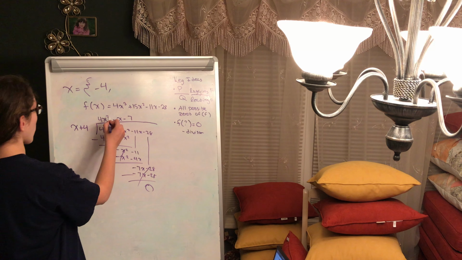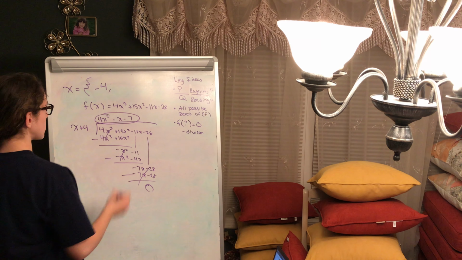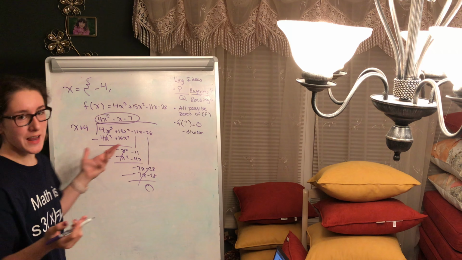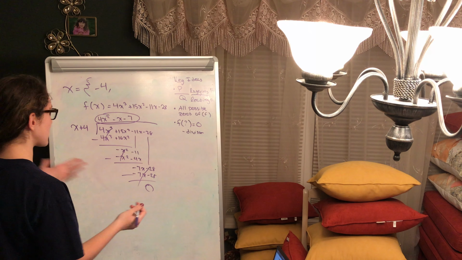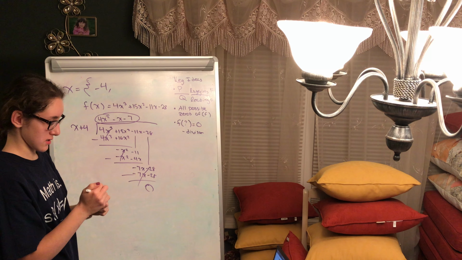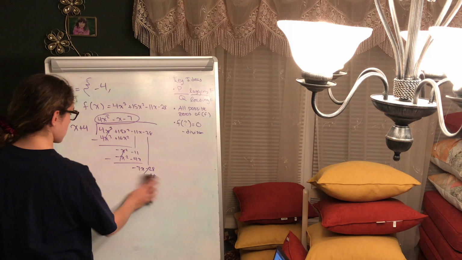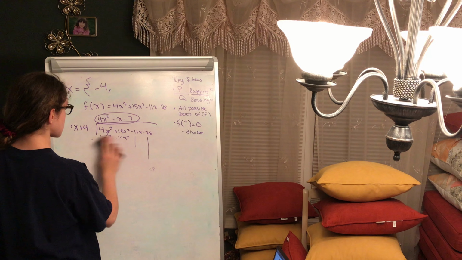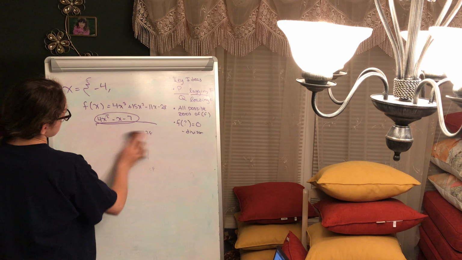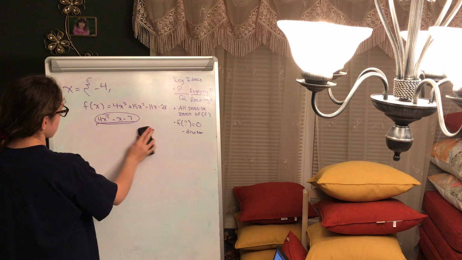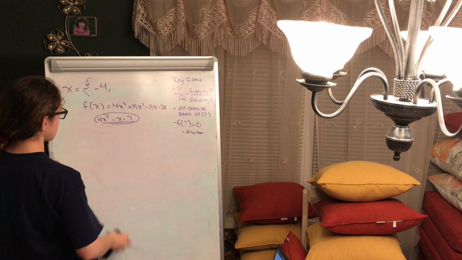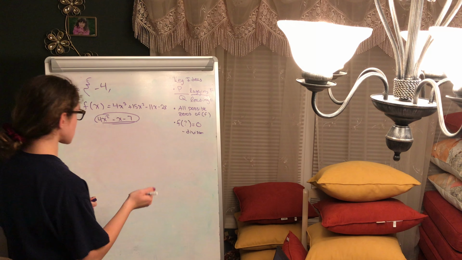So now, what do we do with this answer? Well, we're going to factor it out some more so we can get the roots of this factor. So let's erase all this because we want lots of room. Okay, we have 4x squared minus x minus 7.